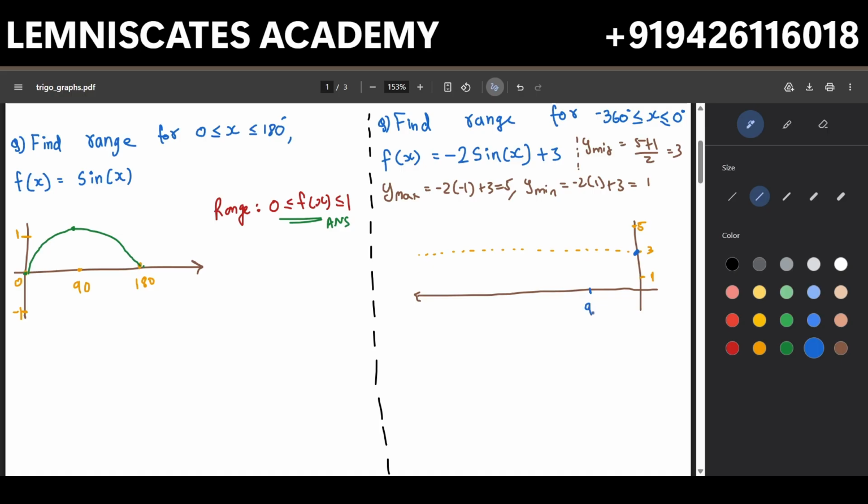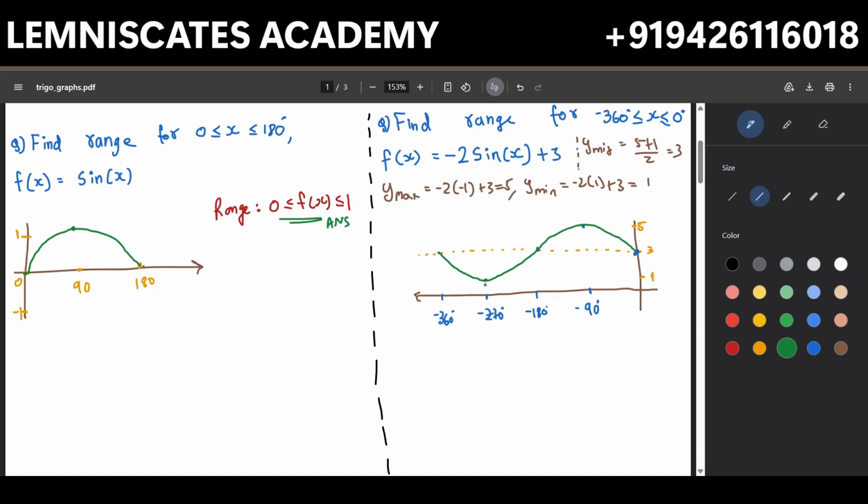Then we have minus 90 degrees, then minus 180 degrees, then minus 270 degrees, and then at the end, minus 360 degrees. Please note all the gaps that I have written over here are 90 degrees apart. So from 3, it's going to go to the maximum value at 5, then the middle value, then the minimum value, then a middle value. I'm simply going to connect them now.